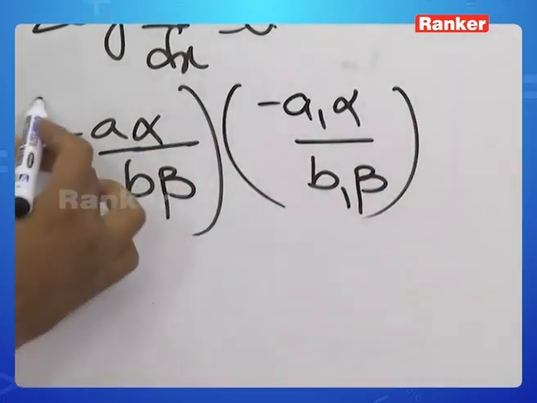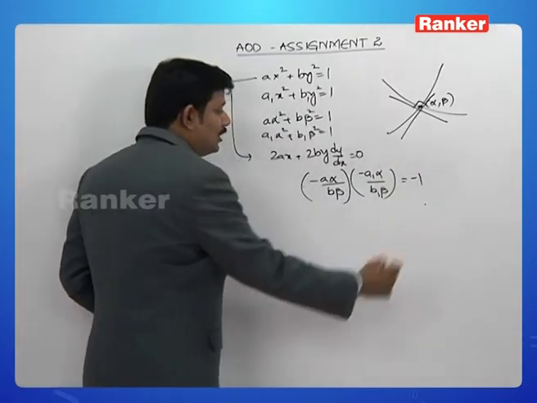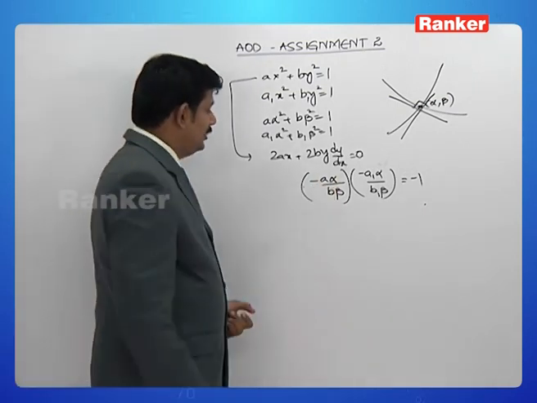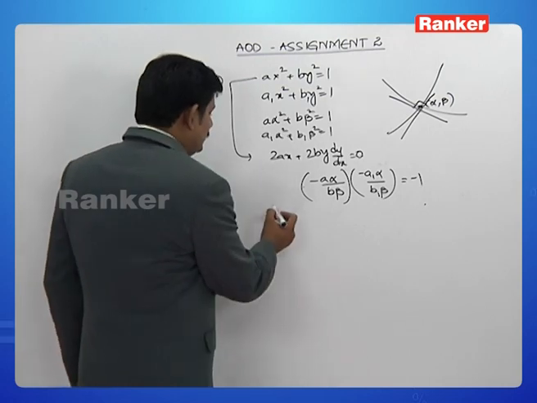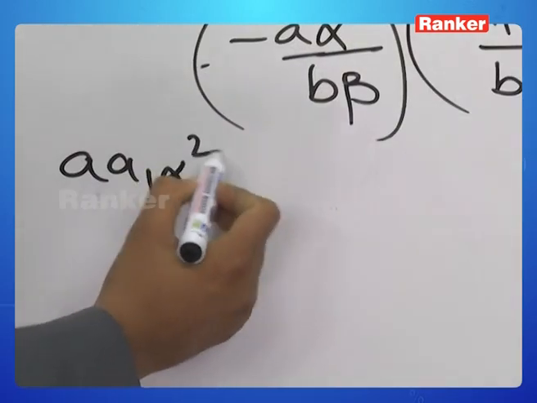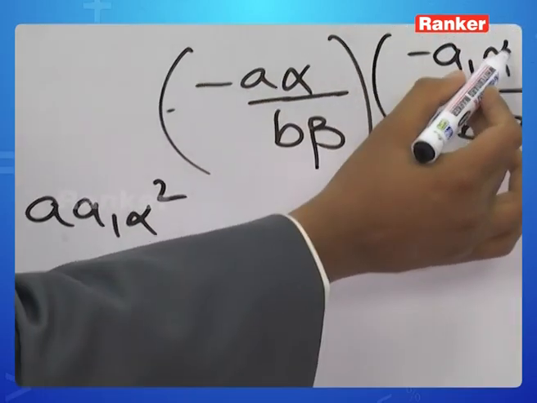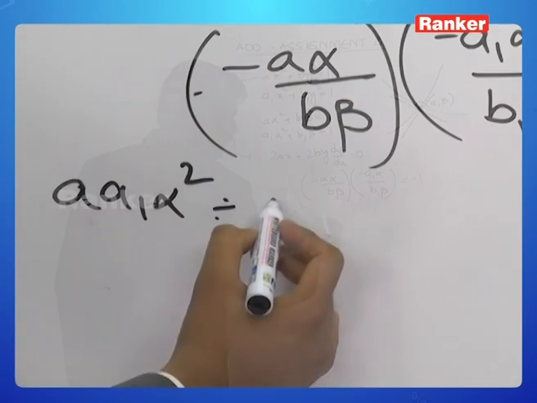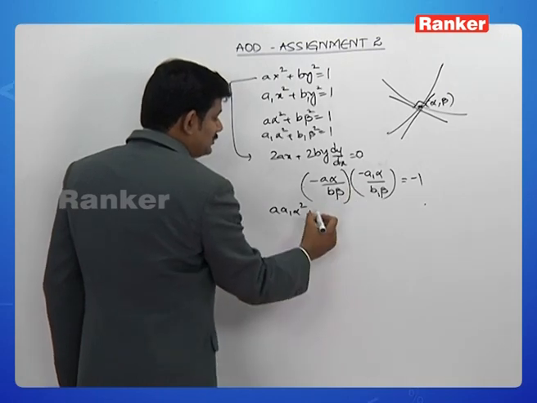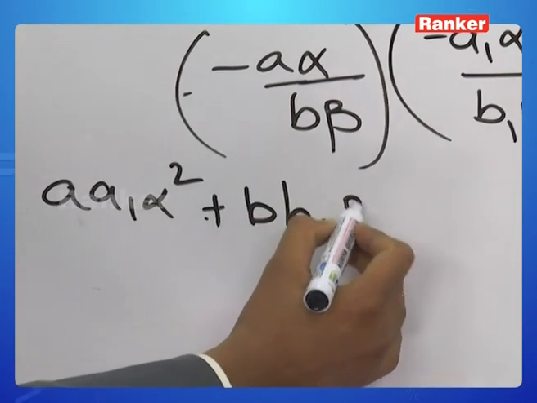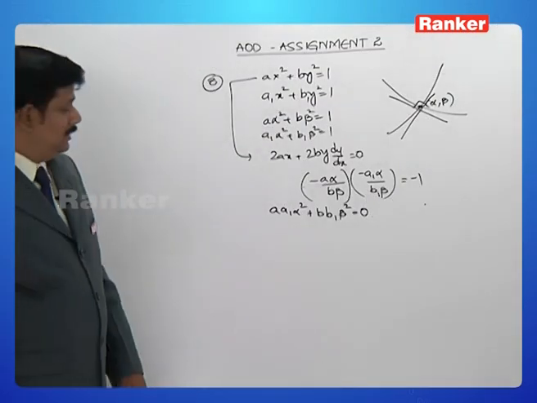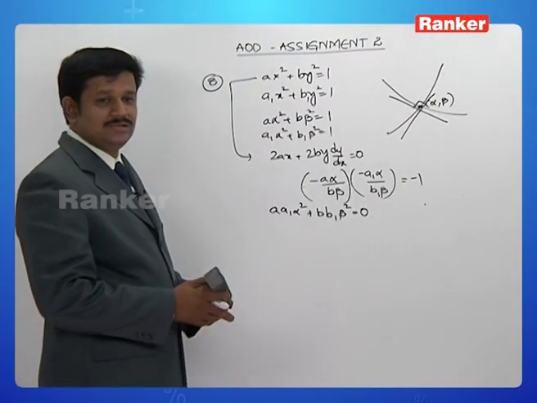So, product of these two slopes, because the curves cut each other orthogonally, is minus 1. From here we have a into a1 into alpha square plus b into b1 into beta square is equal to 0.